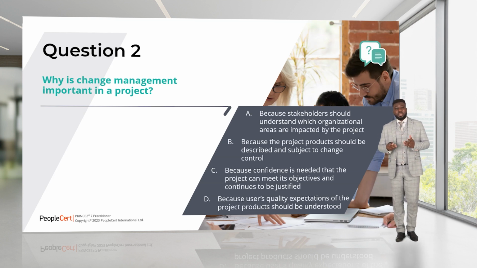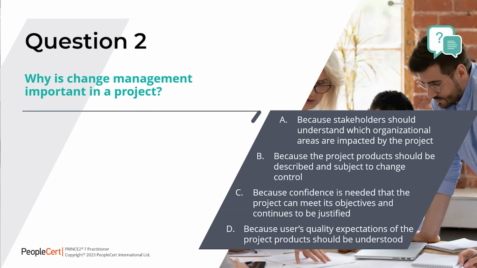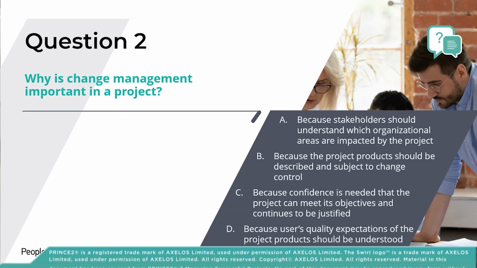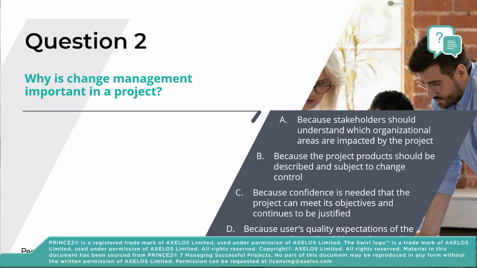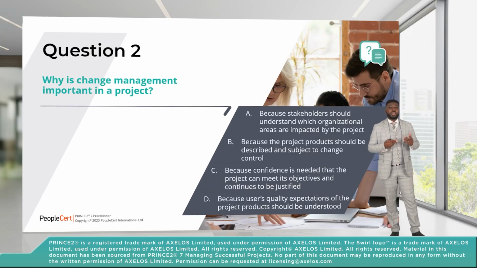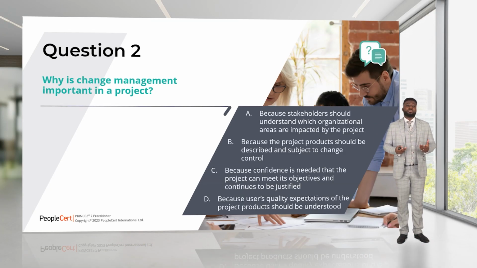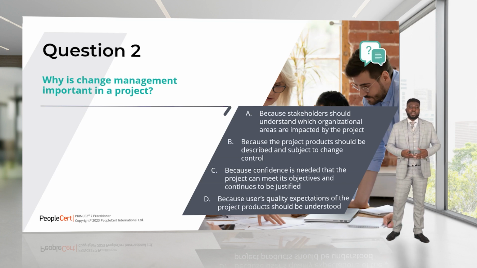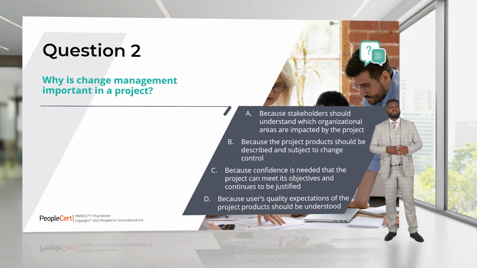When we look at B, because the project product should be described and subject to change control, we're not saying it shouldn't be subject to change control, but when it comes to change control, we are talking about issue management approach. Which leaves us to A, because stakeholders should understand which organizational areas are impacted by the change. So if we're going to move from our present state to our future state, we need to be able to define what will be affected along the way so that we can carry people along.